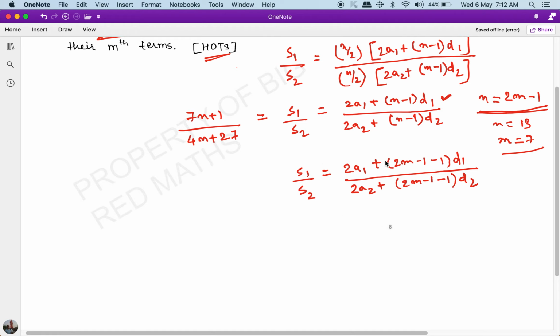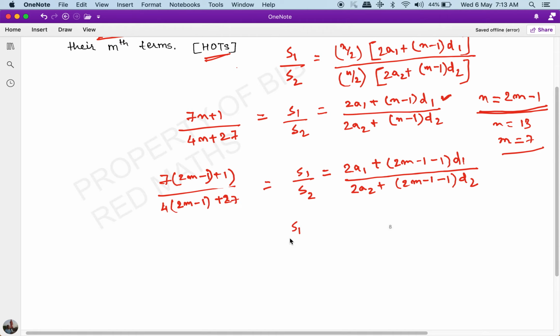Because I changed n to 2m minus 1 here, I'll do the same on the right side as well. So this will be 7 times 2m minus 1, plus 1, divided by 4 times 2m minus 1, plus 27.